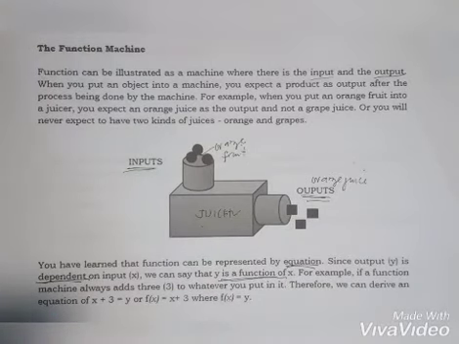For example, if a function machine always adds 3 to whatever you put in it, therefore we can derive an equation which is x plus 3 is equal to y. Take note that y should be equal to x plus 3 since y depends on the value of x.